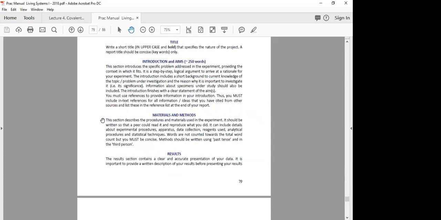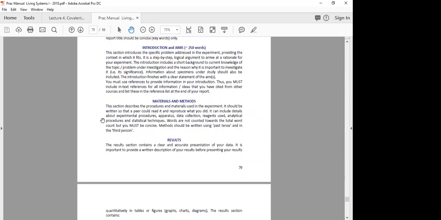All right, materials and methods. Just briefly on this section. Materials and methods, you won't be listing in a separate list the materials required for that particular prac. Instead, those materials are incorporated into your description of the methodology.